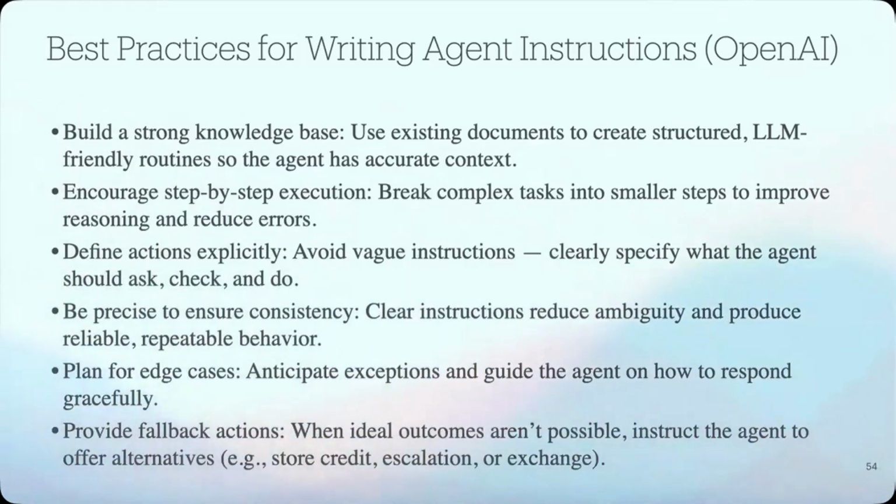For example, if someone asks for a refund after the return window has expired, your agent should not get stuck. Instruct it to politely explain the policy and offer alternatives like store credit or exchange or something like that. All of this comes together to create a reliable, effective system prompt. When done right, your agent becomes much more predictable, more helpful, and easier to trust.